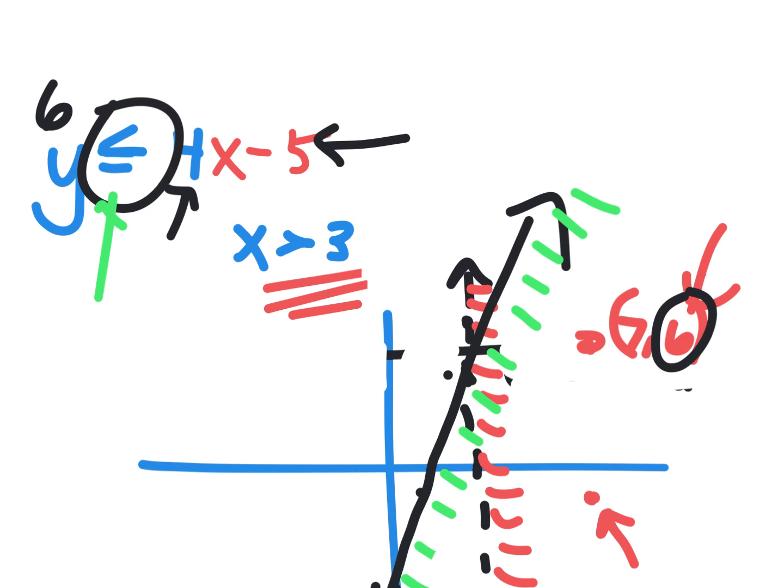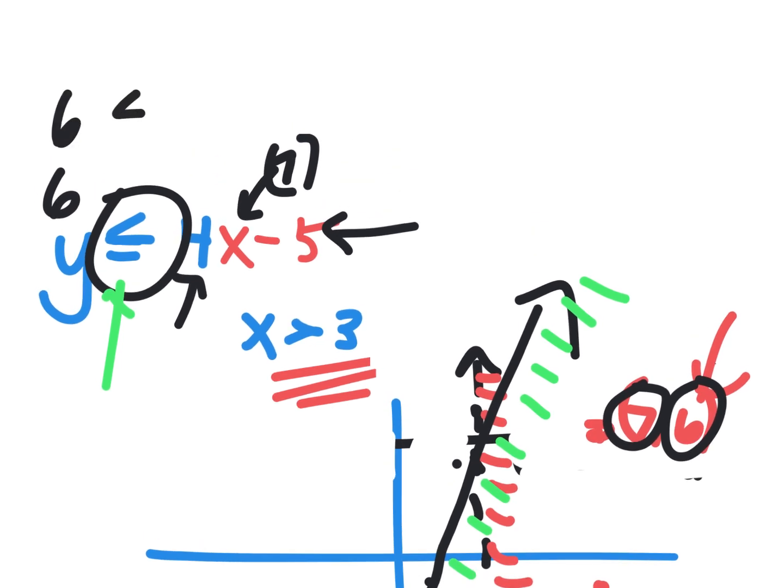See, this also has x in the equation, right? And I'd have to see if that worked. 4 times 7 is 28. 28 minus 5 is 23. Is 6 less than or equal to 23? It worked.